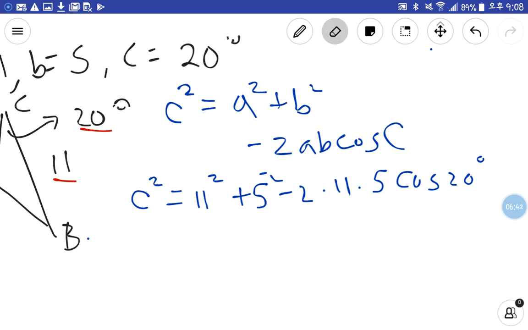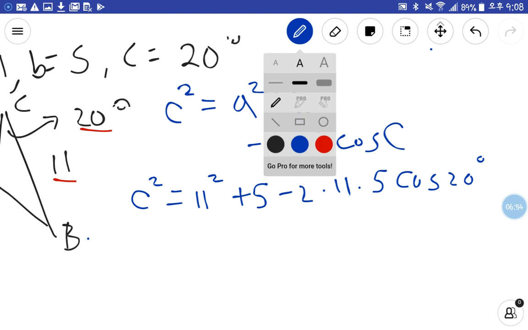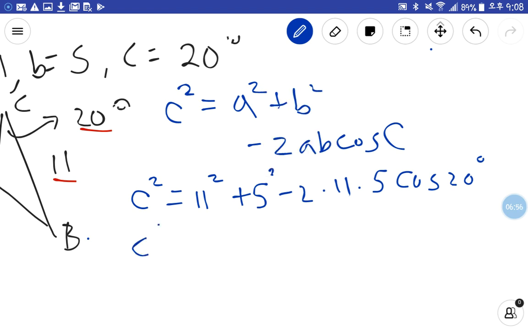I know you are familiar with using a calculator now, but if you don't know how to use it, then it doesn't really help you, right? So if you plug everything in there, you get c squared is around 42.6338 and it keeps going. At this time, I don't want you guys to round up now.